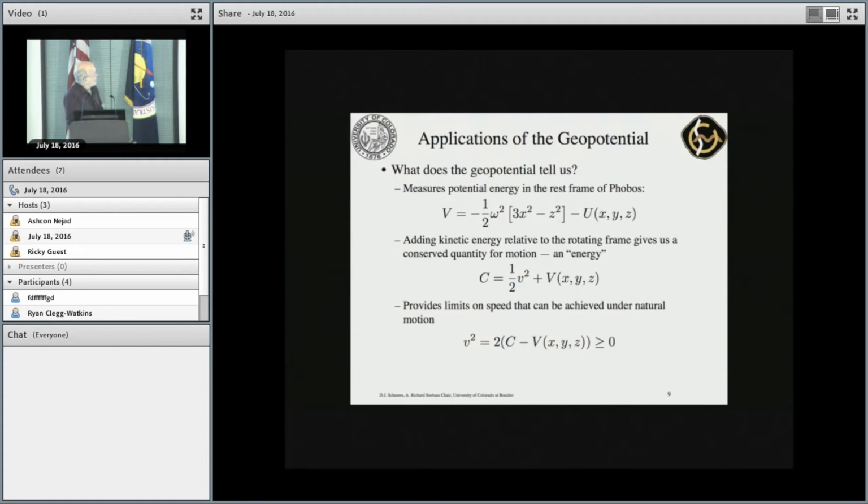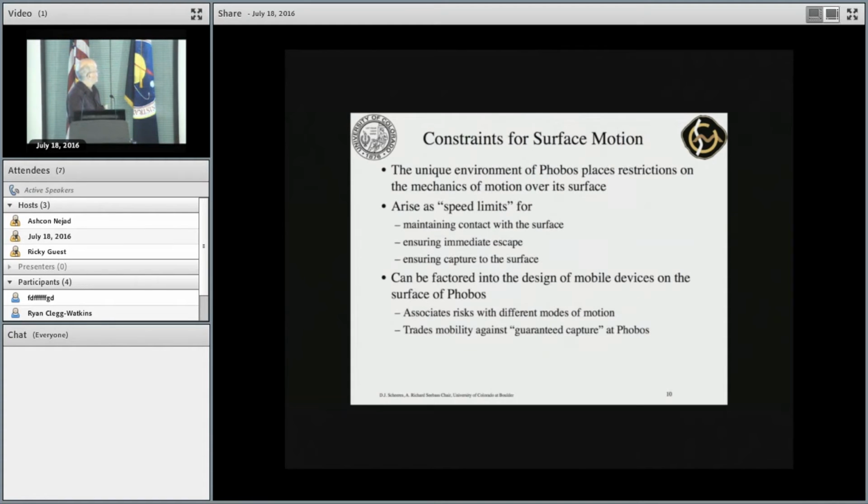So the geopotential, as I mentioned, measures the potential energy in the rest frame of Phobos. And if we add a kinetic energy term to this, it defines an energy that we can use to define all aspects of motion in this body. It gives us limits on speed that can be achieved under natural motion for a given level of geopotential energy.